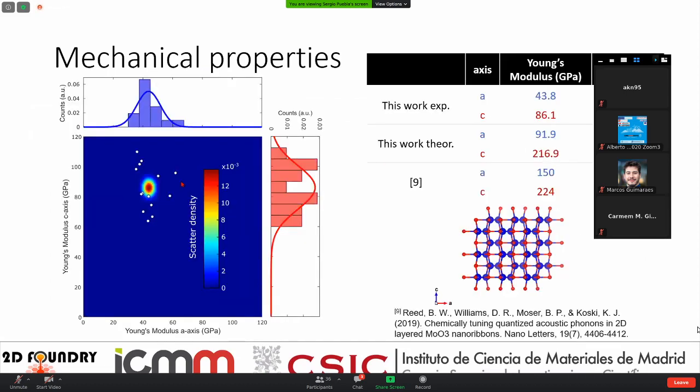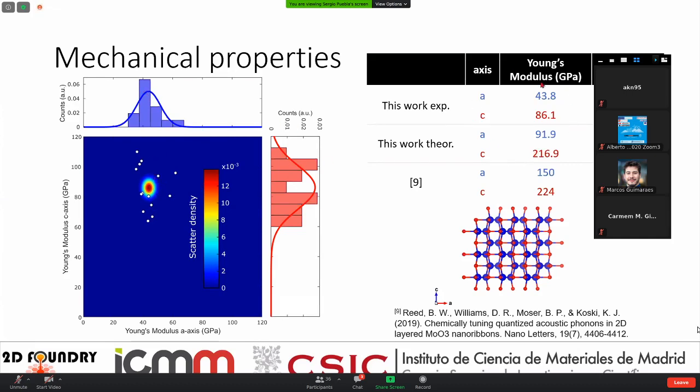And also we have done this with several flakes, and this is a scatter density plot with 14 different samples of molybdenum trioxide flakes, and fitting these samples to a Gaussian function, it gives you this plot. So it could be a little bit more statistics, but it is very well performed.